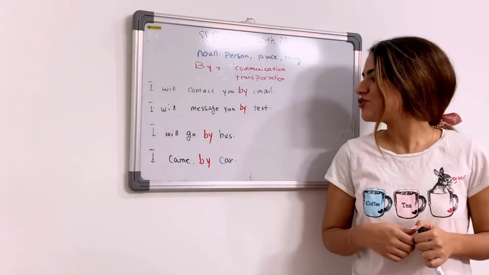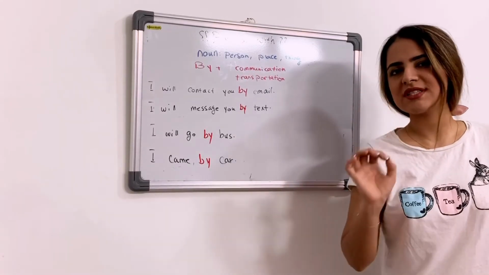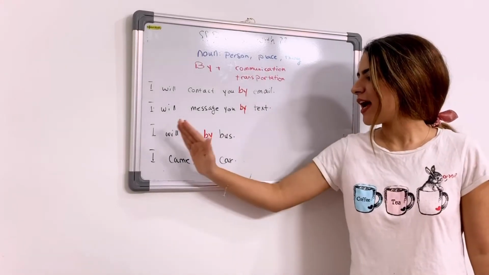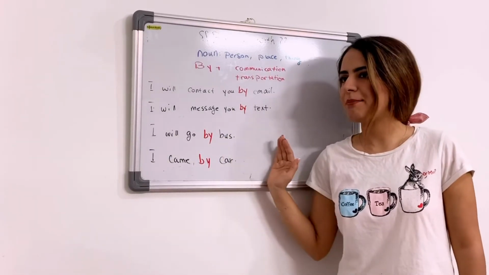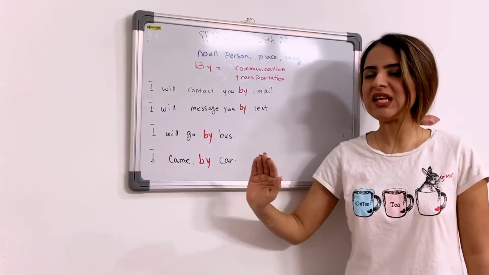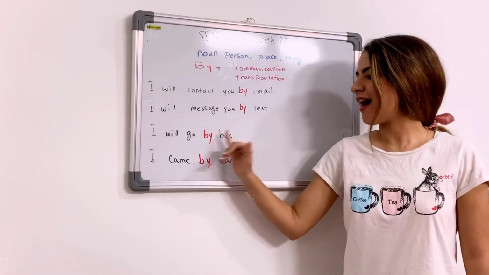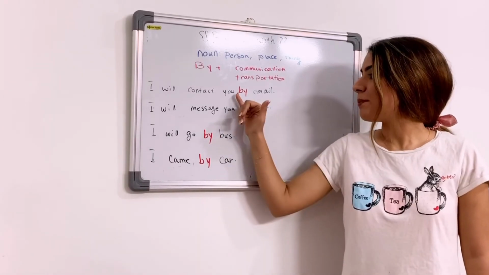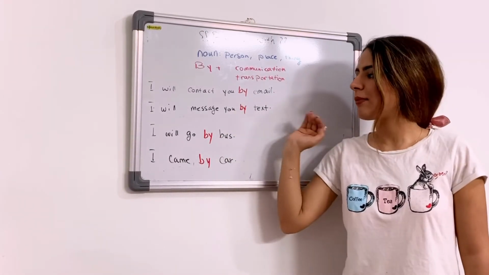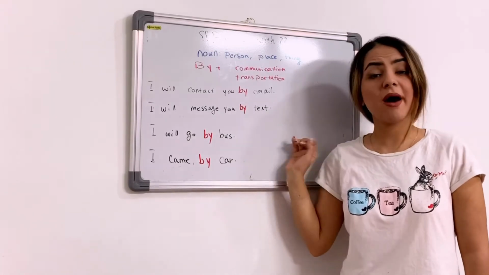Okay, so notice something. When I say I go by bus, I don't say by a bus. I say by bus. So I don't need any articles after by and before the noun. Remember this? So by an email, no. By email, by text, by bus, by car.